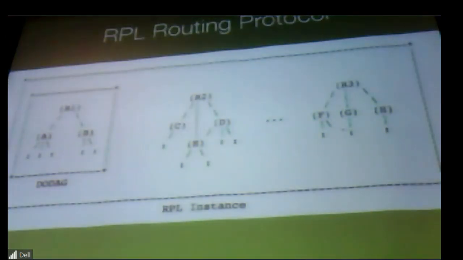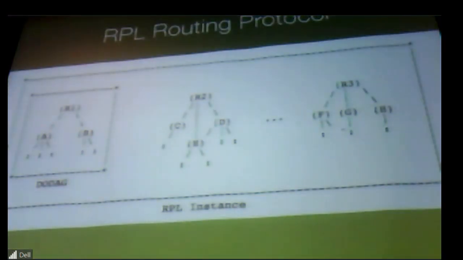The structure of this RPL routing protocol is that it creates a tree-like structure with one sink, such as this R1, R2, and R3, and it creates a tree based on the sensor nodes A and B, and the rest of the nodes. The tree is formed based on an objective function. In this case, the typical objective function used by RPL is called the expected transmission count, ETX, which is based on the packet delivery ratio.